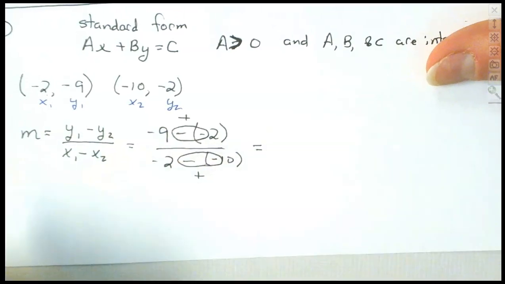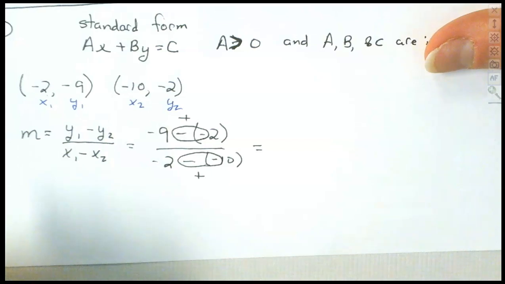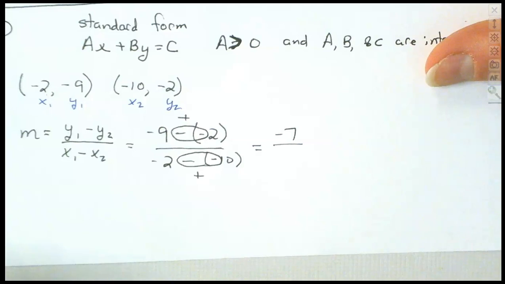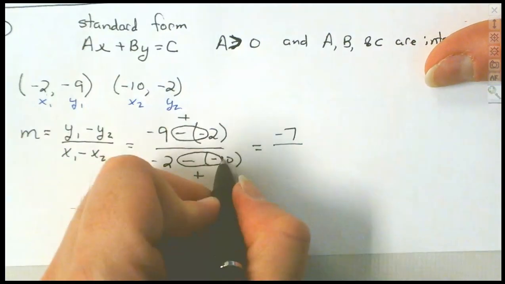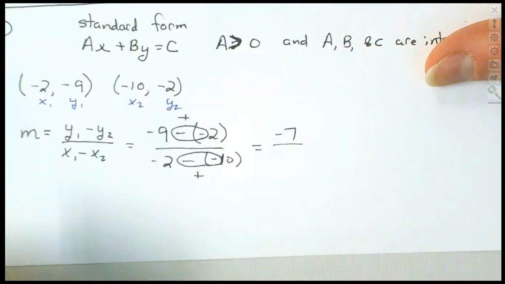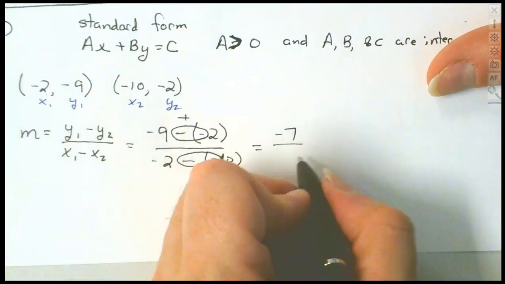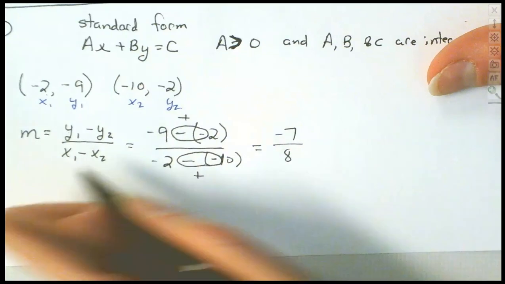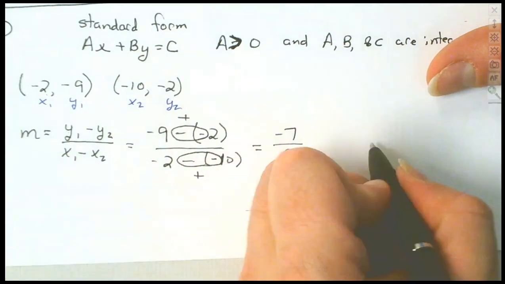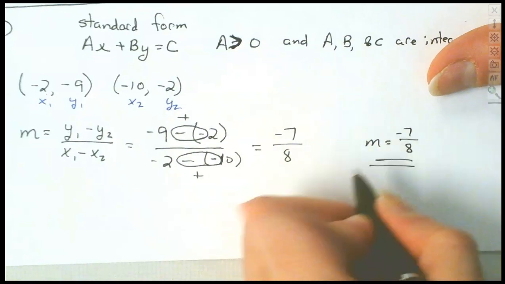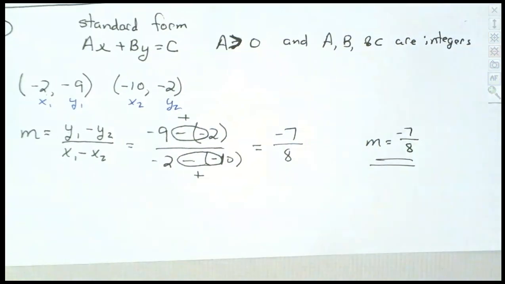Let's see what we've got. Minus 9 plus 2 makes it a minus 7. Minus 2 plus 10 makes it a positive 8. And that's our slope. So there's going to be minus 7/8 there.